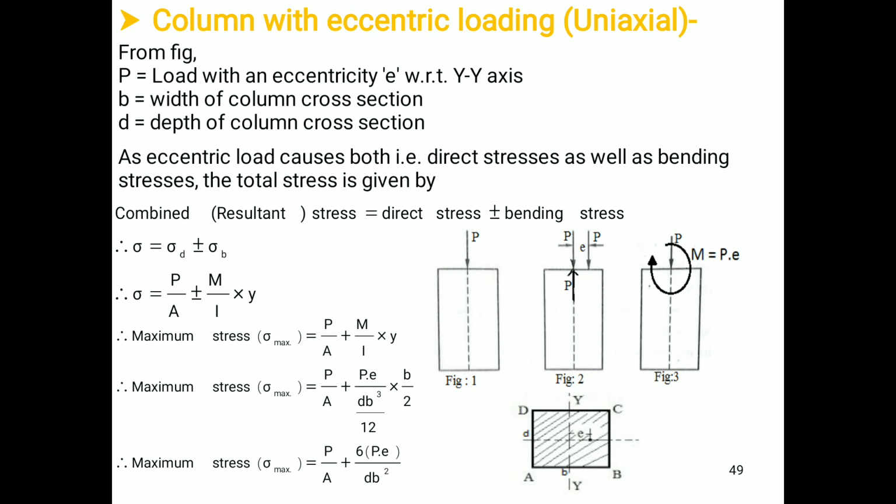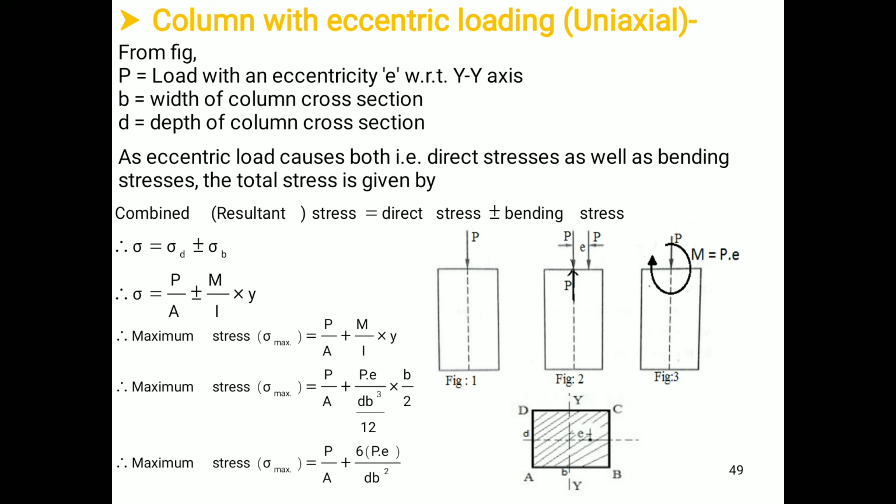For the maximum stress value, we will consider the positive sign, and for the minimum stress value, we will consider the negative sign. Therefore the maximum stress, sigma maximum, can be given by P upon A plus M upon I into y.